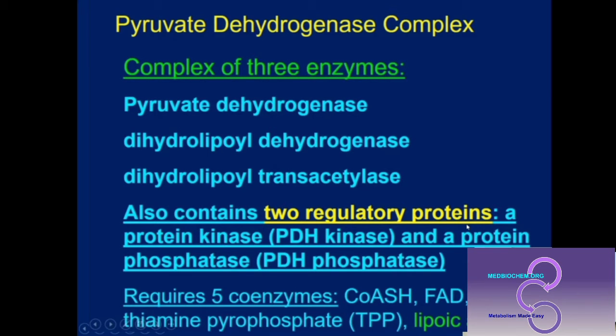And FAD, similarly, is derived from vitamin B2. It can be reduced to form FADH2, or similarly NAD can be reduced to form NADH.